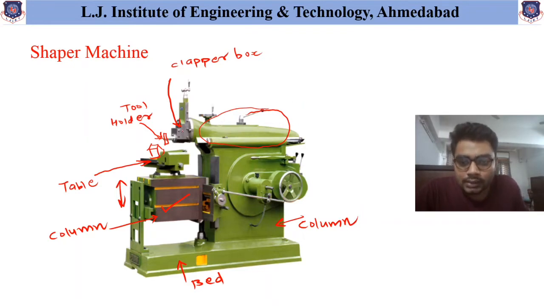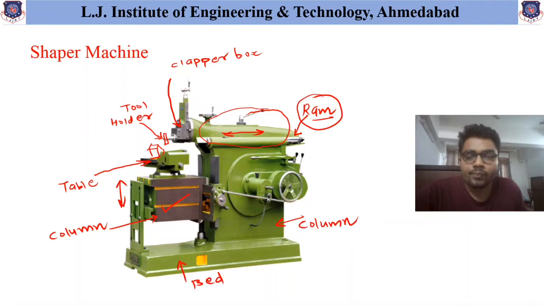Now the tool reciprocates in this horizontal direction, and the part which helps to obtain the reciprocating movement of the tool is called the ram.